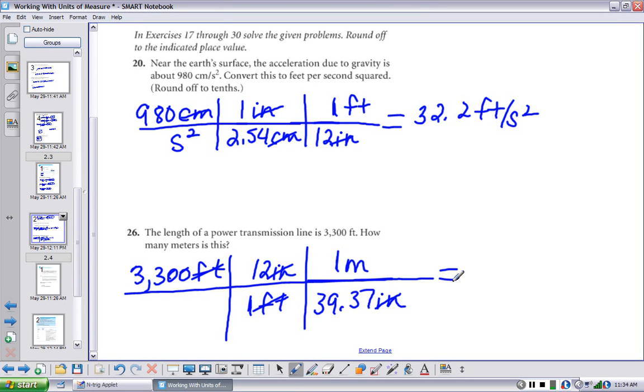So when we multiply the 12 and the 3,300 divided by 39.37, we get 1,006 meters. Okay. So this was a brief overview of reduction and conversion of units.